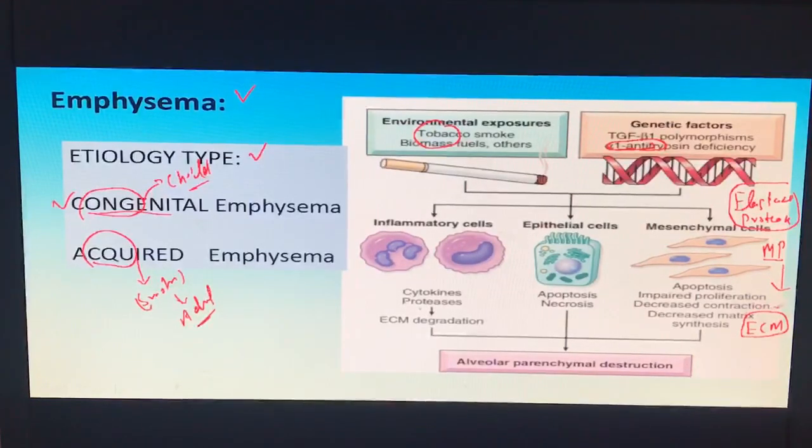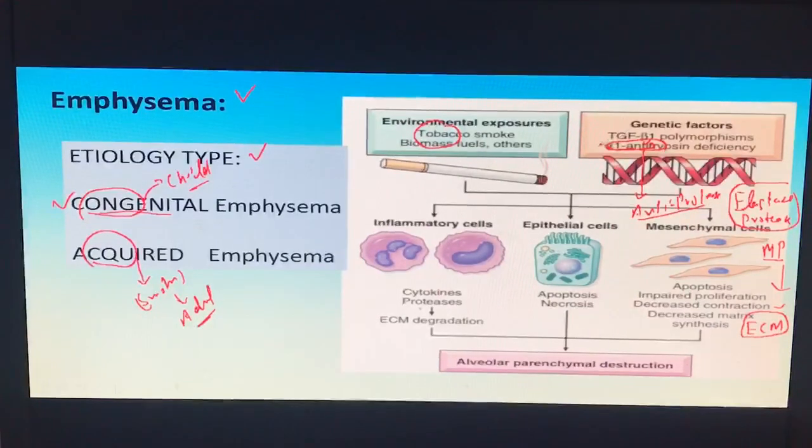Alveoli, the composition here, we have extracellular matrix between the alveoli. The alveolar septa are also formed by extracellular matrix. So if you have deficiency of alpha-1 antitrypsin, what is alpha-1 antitrypsin? This enzyme is an antiprotease. This enzyme works against the protease enzyme.